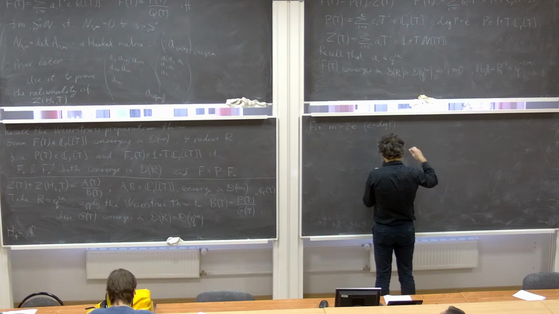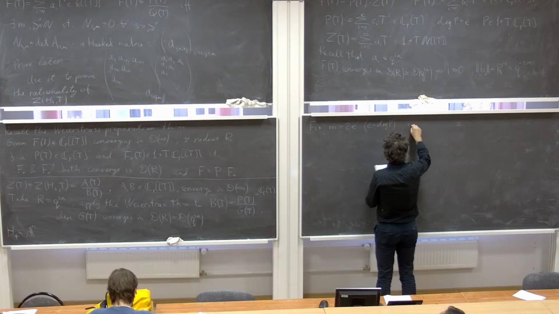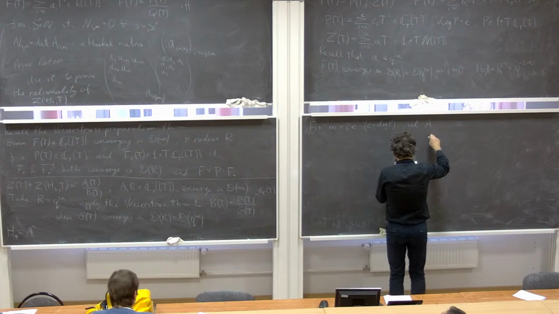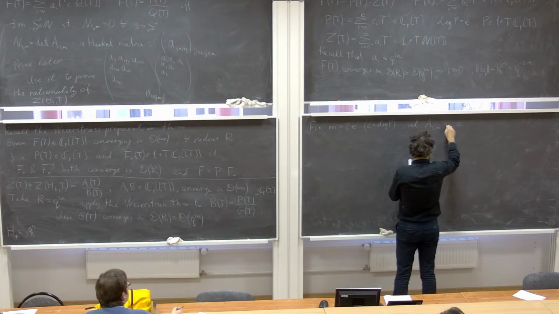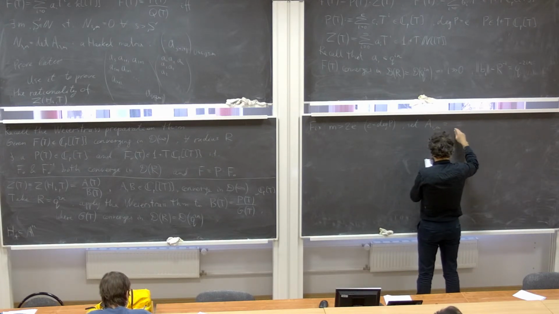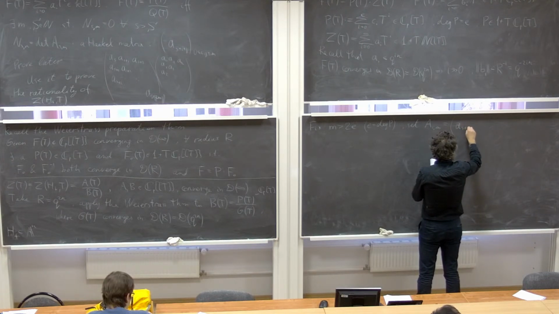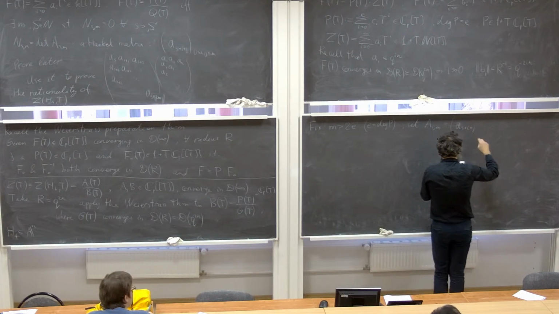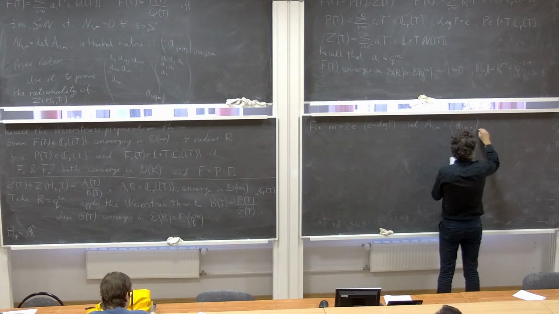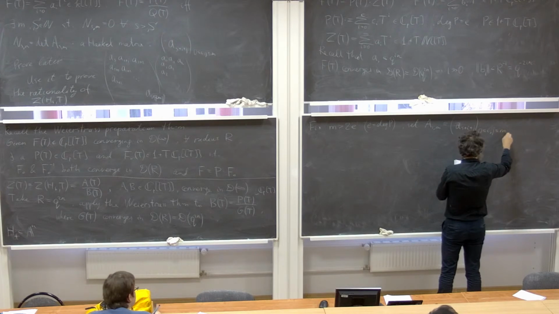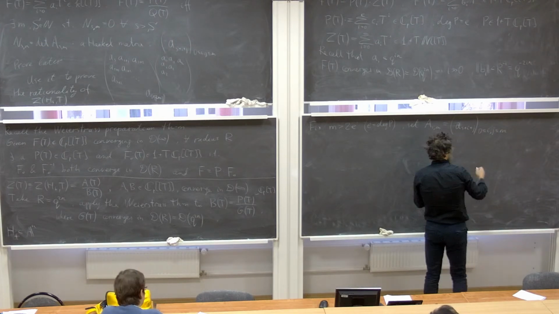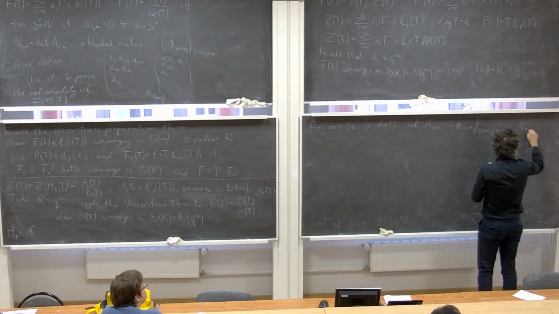And set S_m as the determinant of this matrix, the Hankel matrix, a_{s+i+j}, where i and j both go from 0 to m.